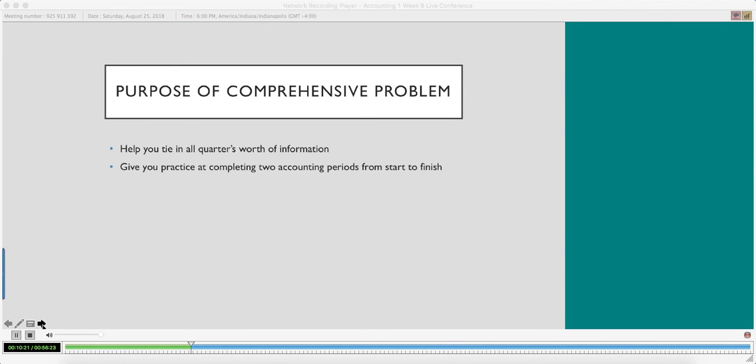So the purpose of the comprehensive. This is basically combining the entire quarter's worth of information into a nice, neat little package. It covers everything from chapters 1 through 6, focusing on chapters 4, 5, and 6. It does not cover payroll. It does not cover bank reconciliation.